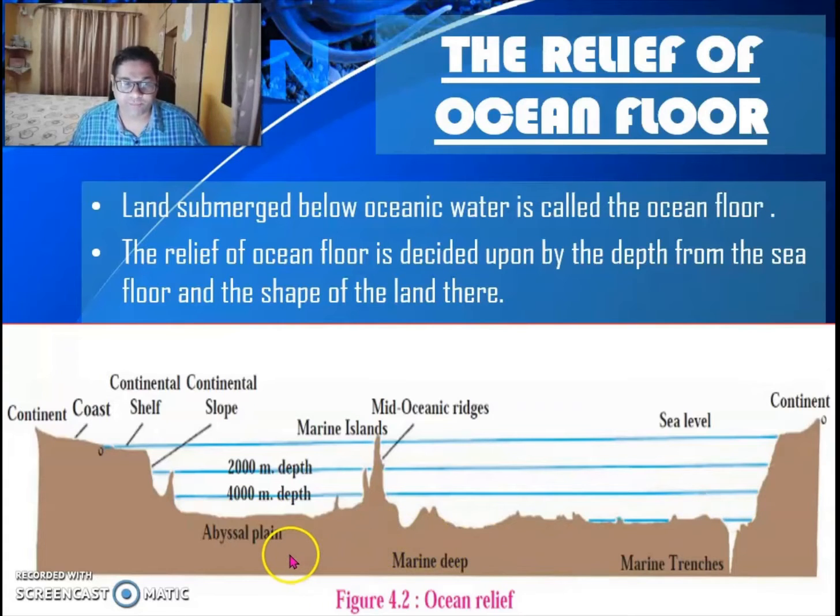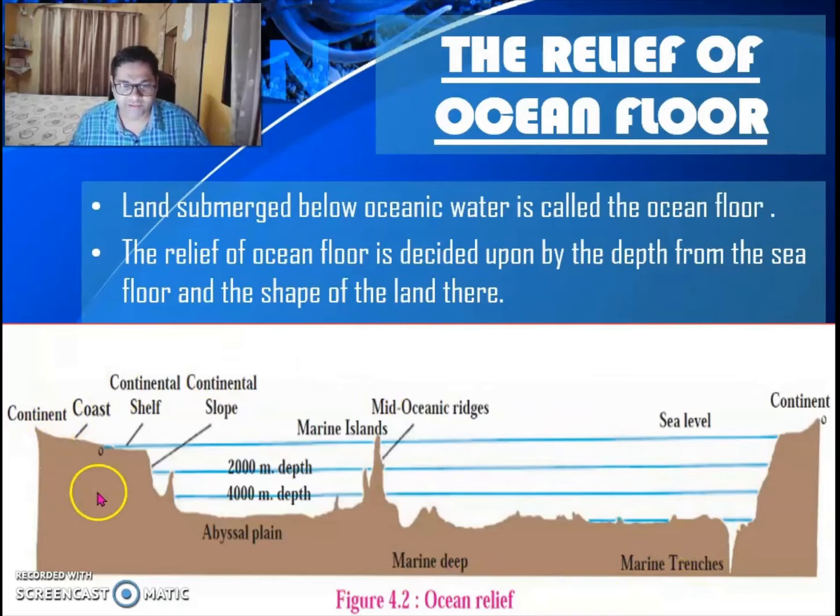The ocean relief can be divided into various parts. What are those parts? They are named as continental shelf, continental slope, abyssal plain, marine islands, mid-oceanic ridges, marine deep, marine trenches.